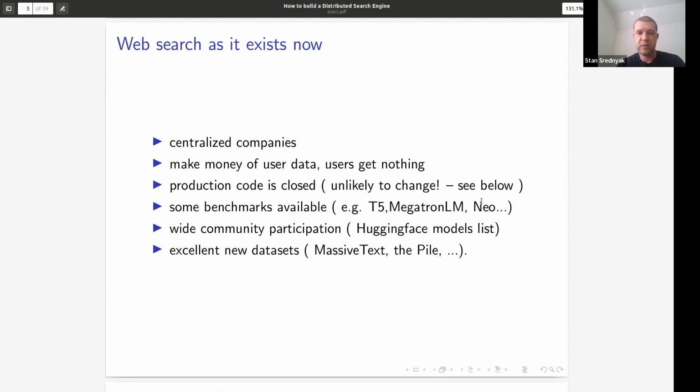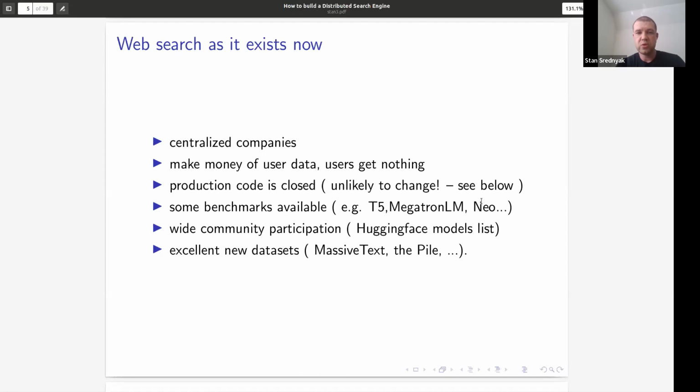In fact, about 93% of search queries go to Google, at least English queries. These companies that provide search services make a lot of money based off user data. Users are basically products. They get nothing, although they produce most of this data.